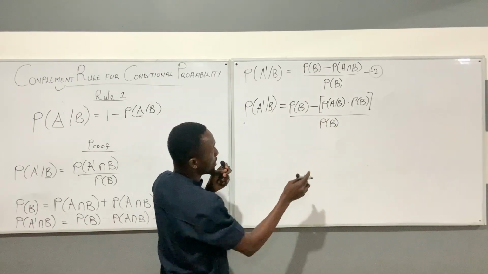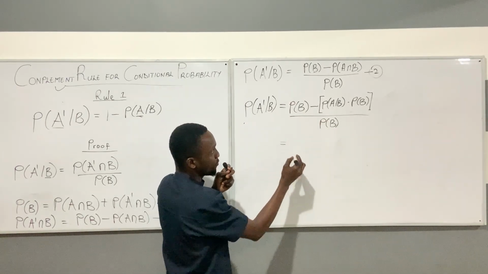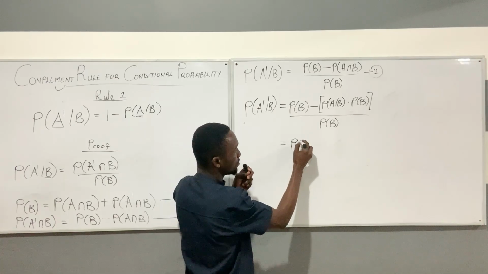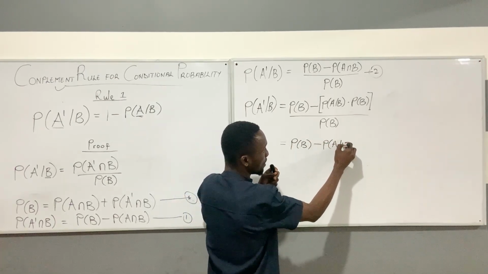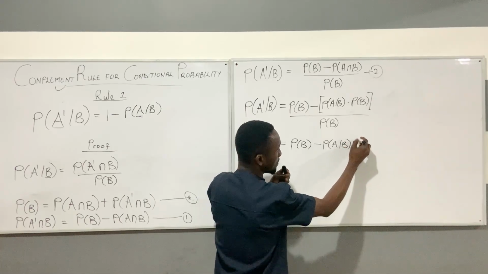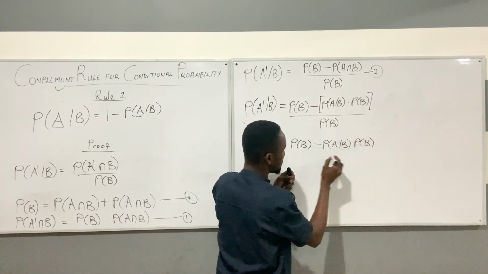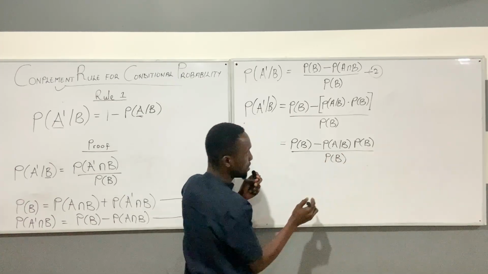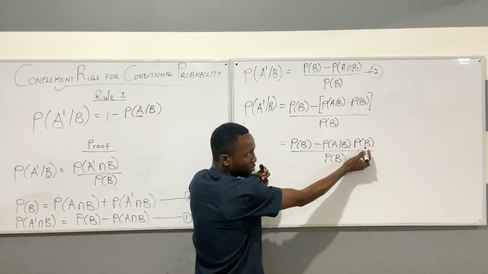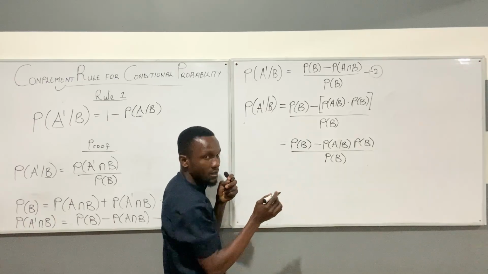Now when we remove the bracket, we are going to get probability of B minus probability of A as B has occurred times the probability of B itself, divided by probability of B. Now we have probability of B and probability of B here. They are common.